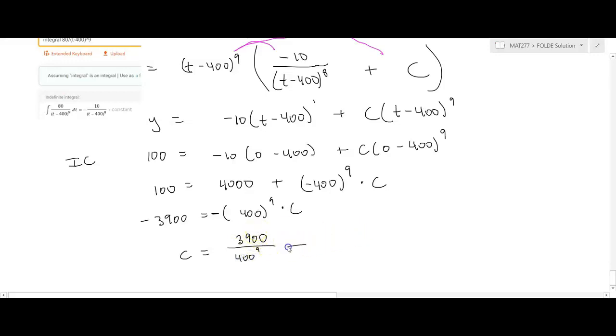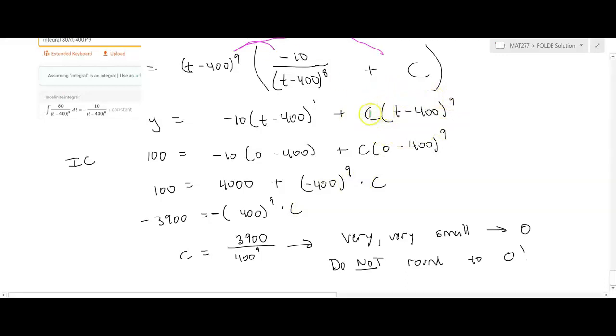Now this is very, very small. In fact, it's approximately 0. So it might be tempting to just say, well, since it's pretty much 0, let's just leave it as 0. But I will say, do not round to 0. The reason we don't want to round to 0 is because the value of c basically activates this second term.